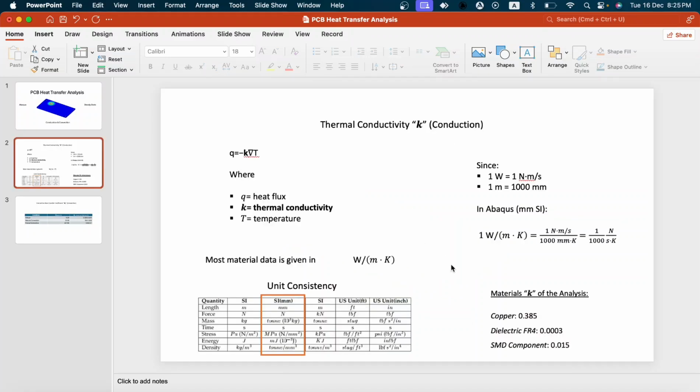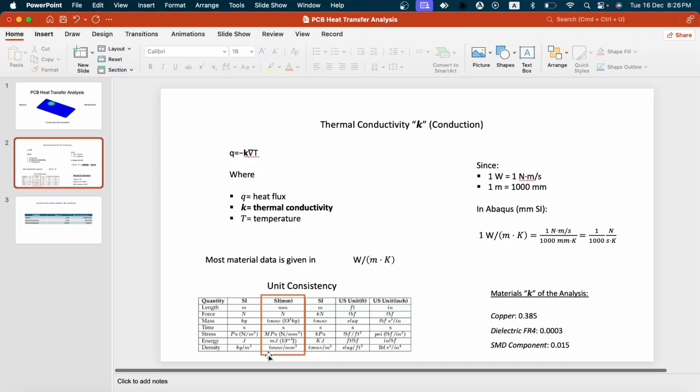So what is of high importance is defining the thermal conductivity K. This is the governing equation for the heat transfer problem, and the K is typically given in these units, watt per meter times Kelvin, but since we use the millimeters for our part, we are on this column.